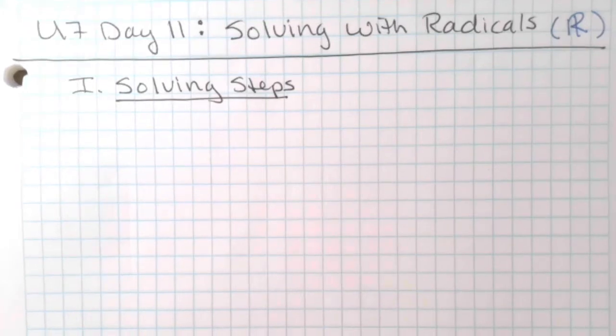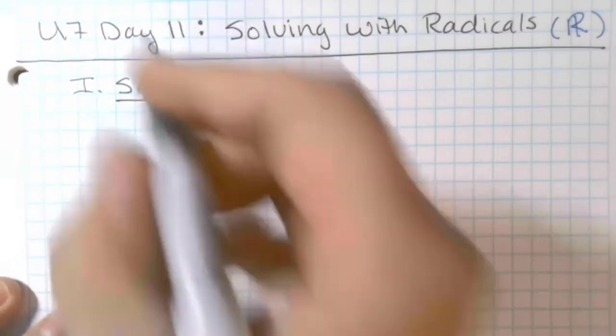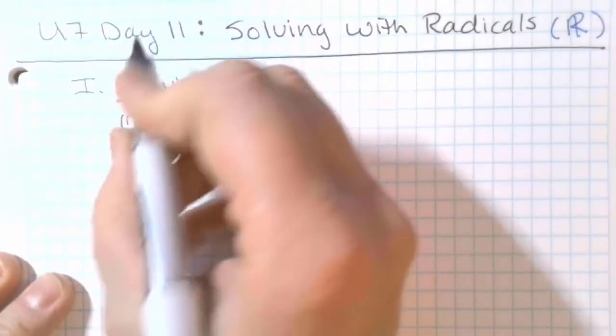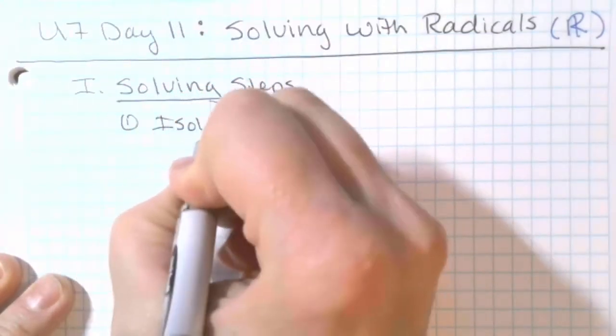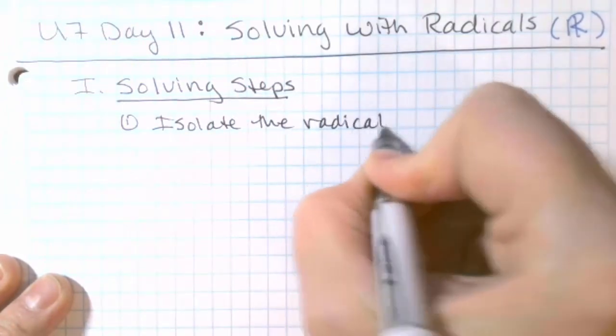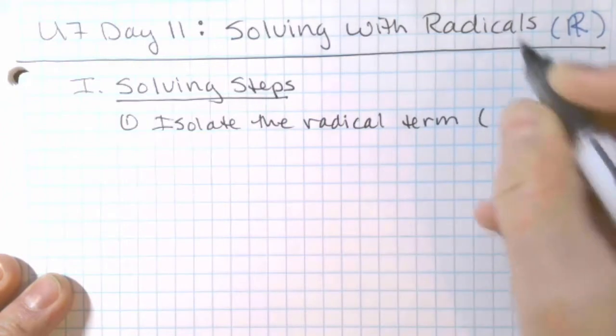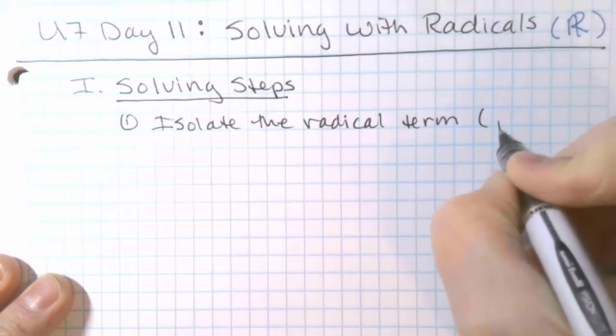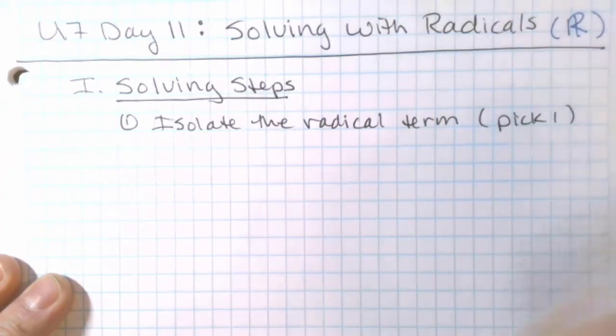Roman numeral 1, we're going to go over the solving steps because they're actually the same for every radical that you solve. So step 1 is isolate the radical term. If there are two of them, isolate one of them. Just pick one.